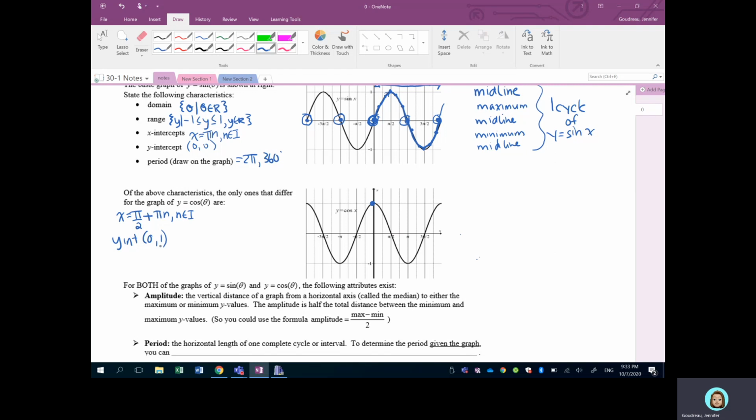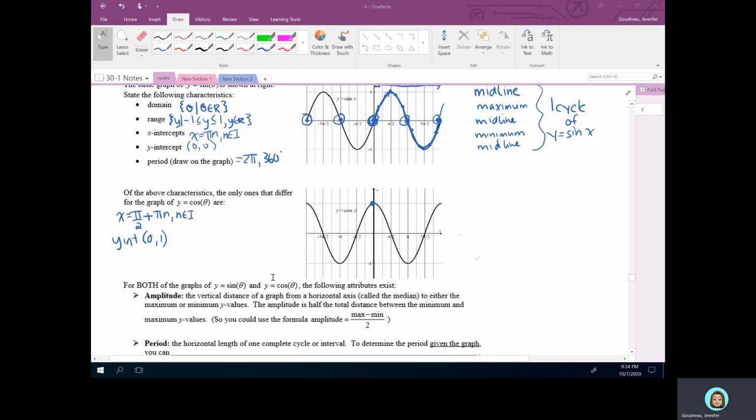The other thing that you'll notice is that, especially when we graph sine and cosine on the same coordinate plane, we can also see an interesting difference between them. So let's go ahead and on the calculator, we're going to graph our two functions, y equals sine x and y equals cosine x.